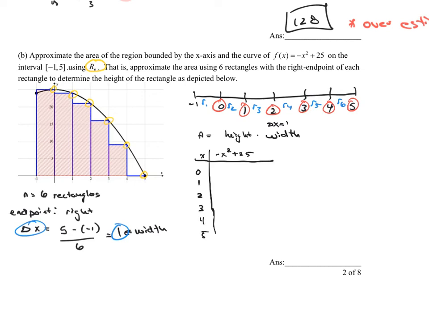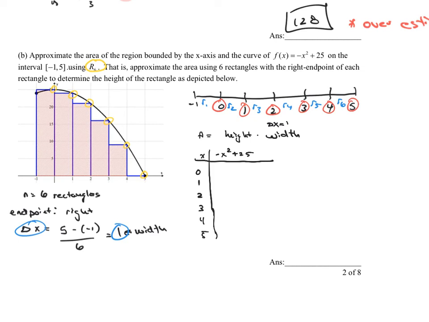Again, to use that table feature, hit table on your calculator, clear out the function that's in there, type in negative x squared plus 25, go ahead and hit enter, and then just make sure that you've selected the ask feature, okay? Make sure you've selected ask when you hit enter, once you've entered the function, and then you can type in whatever numbers you wanted.